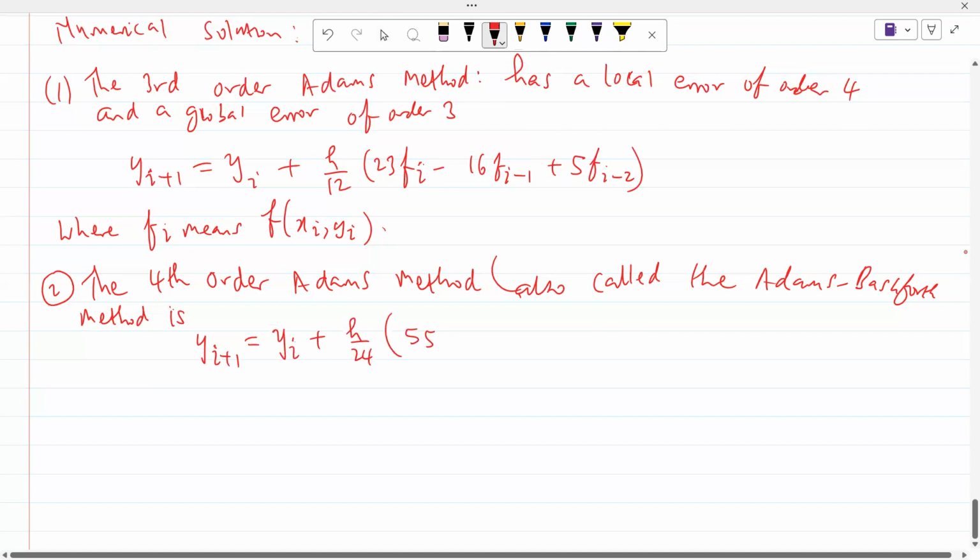Okay, this one we did last time, but we're looking at it again. We're just recapping the formula there.